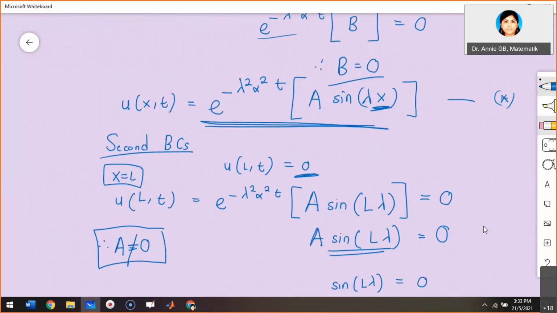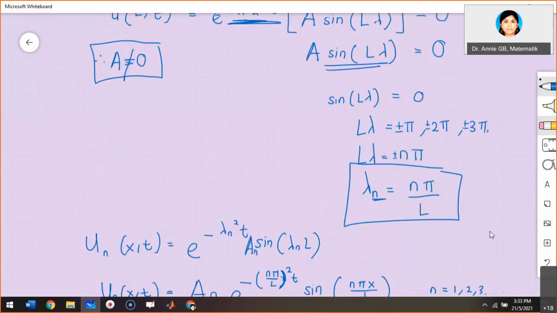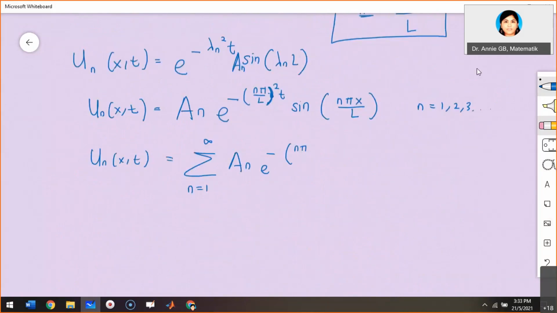Okay, there is alpha squared, look here there is alpha squared. So alpha squared t. So I need to have alpha somewhere here. So n pi alpha over L squared t, and we have sine n pi x over L.